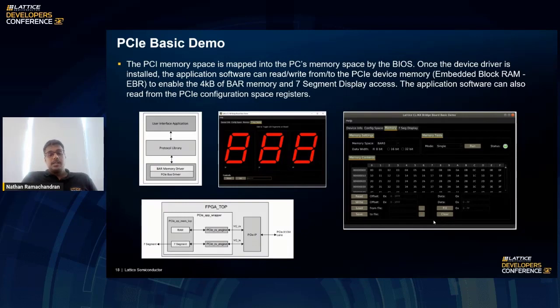This allows the 7-segment display to be programmed to whatever value that we put in the GUI software itself. We have implemented this using the BAR memory driver. Okay, it's a very simple design.